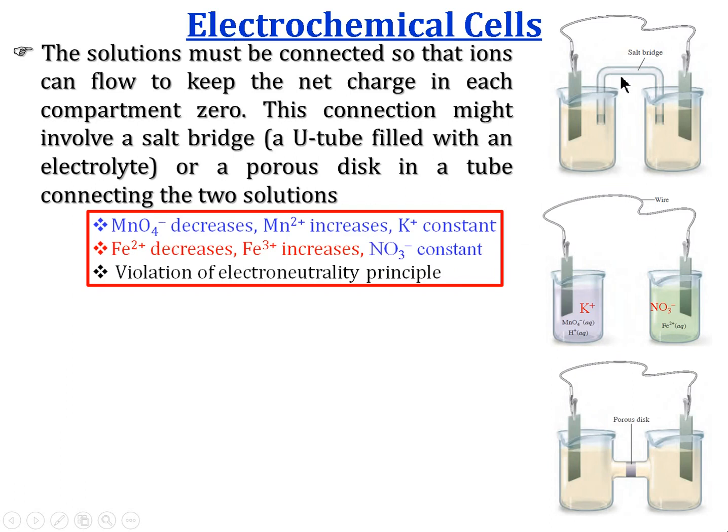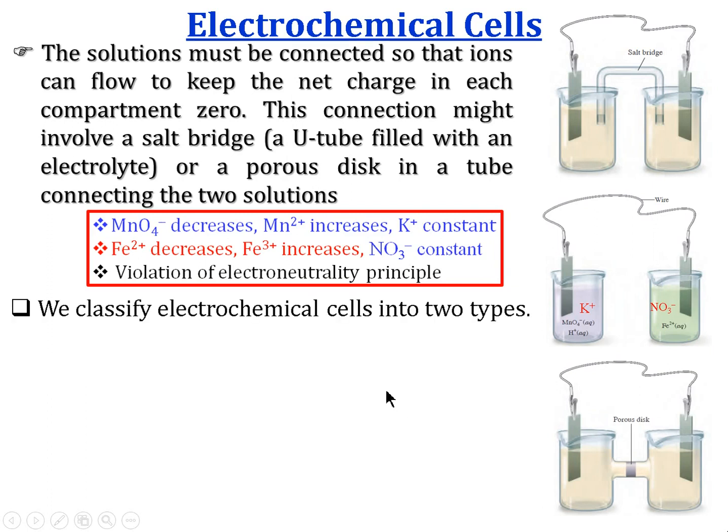The salt bridge will send to the first beaker the negative ion in order to maintain the electroneutrality, positive equal to negative. At the same time, in the second beaker, the positive Fe2 plus decreases and the negative NO3 minus is greater than Fe2 plus. So the salt bridge will send positive ion to maintain the electroneutrality in the second beaker.